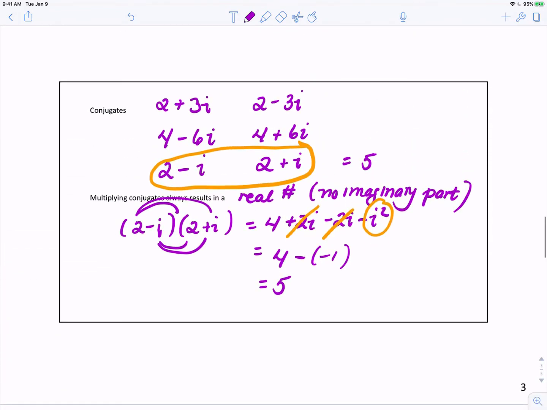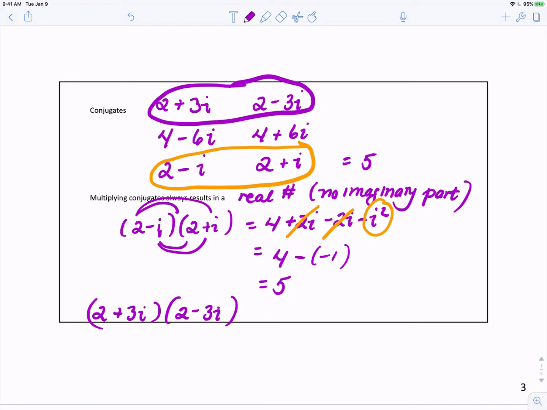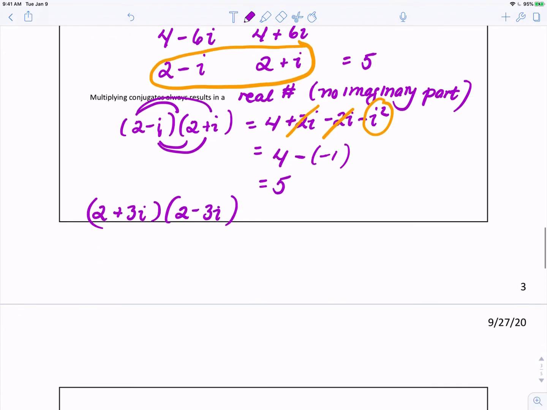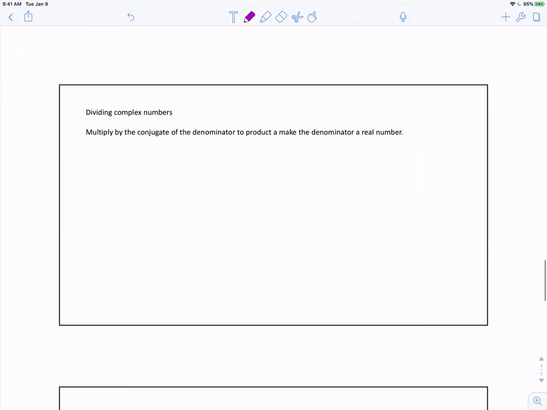So why don't you see what you get if you multiply these conjugates together? So go ahead and multiply 2 plus 3i times 2 minus 3i and see what you get for an answer. And the reason we stopped and looked at conjugates was because we use conjugates when we divide complex numbers.